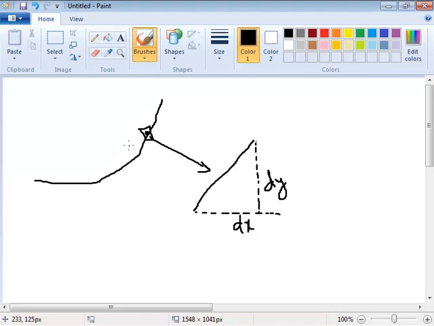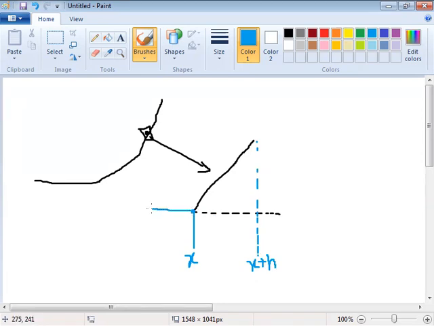Okay. So now, if I just simplify this, let me change the color for this one. Okay, now I'll say at this point, the value of x is x. And at this point, the value of x is x plus h. So what will be the value of y if I'm specifically using function notation right now?